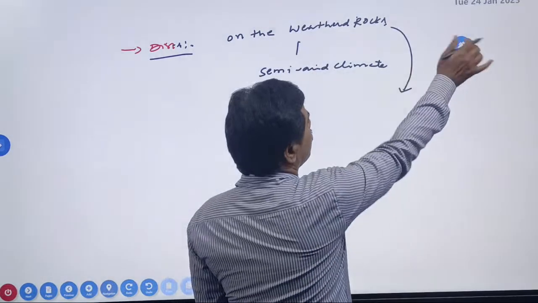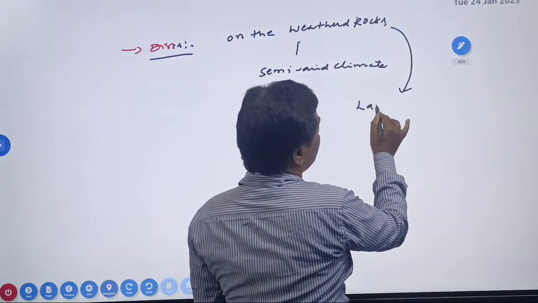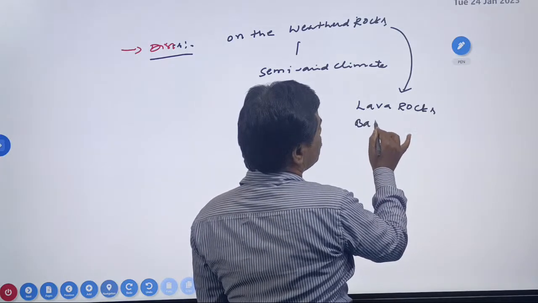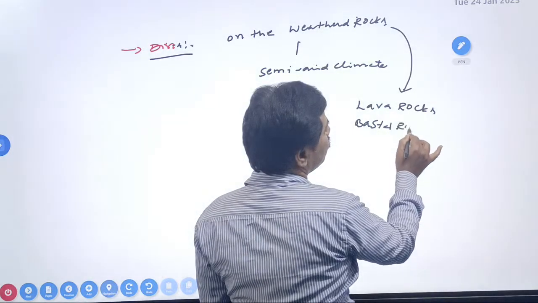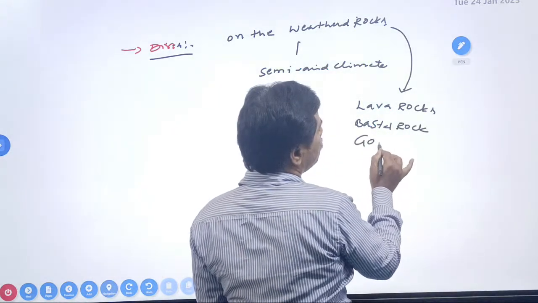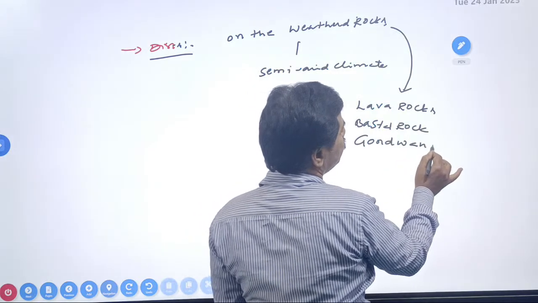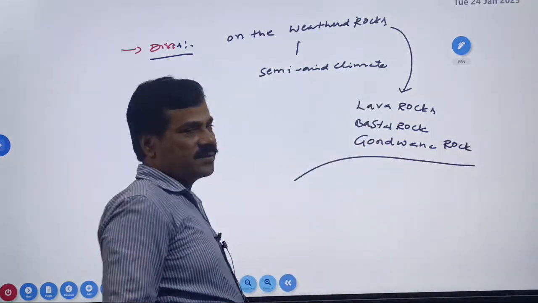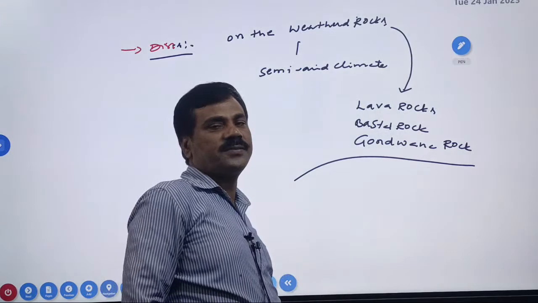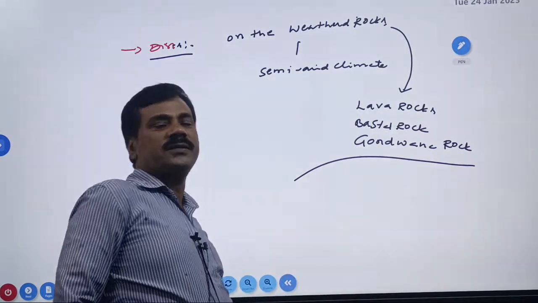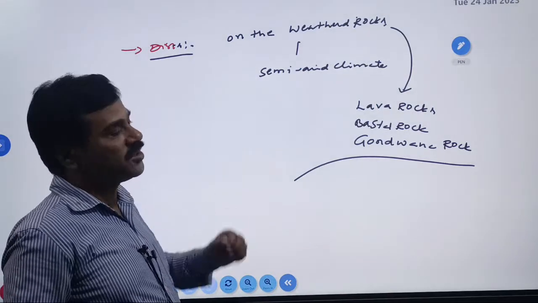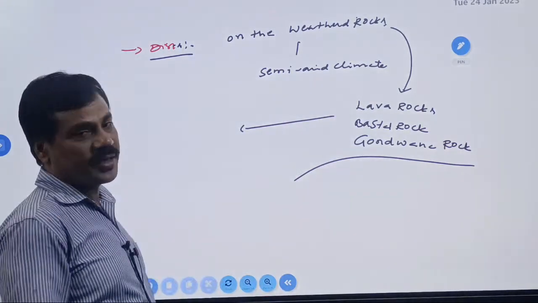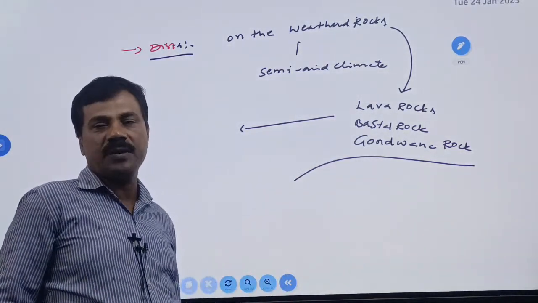From which type of rocks? Lava rocks, basalt rock, Gondwana rocks. On top of these rocks, by outer forces, the rock erosion process deposits that rock material on the soil.